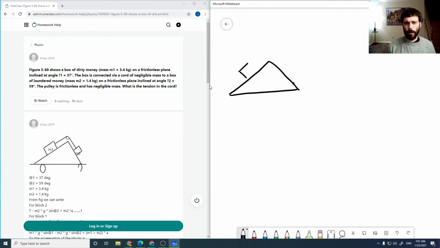So we've got an M1 of 3.4 kilograms, an M2 of 1.4 kilograms, connected by a frictionless pulley.